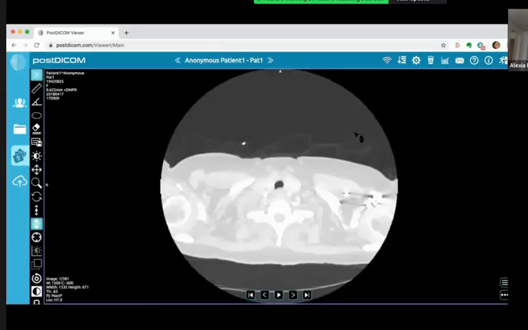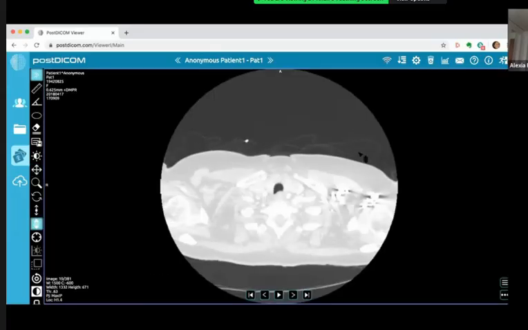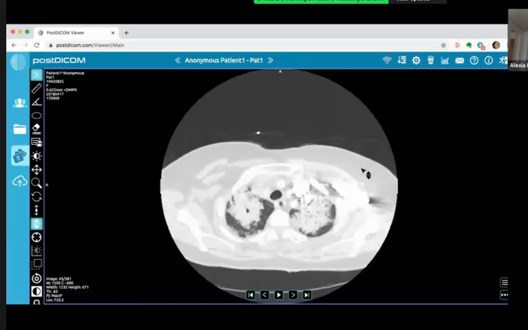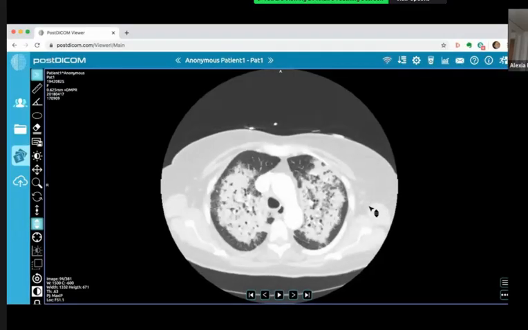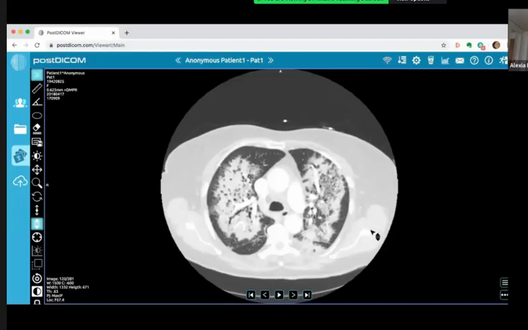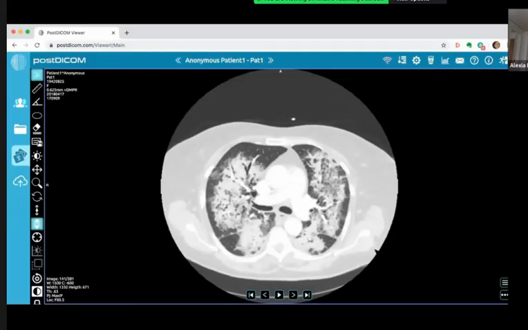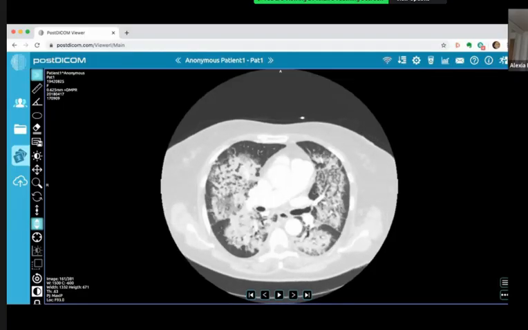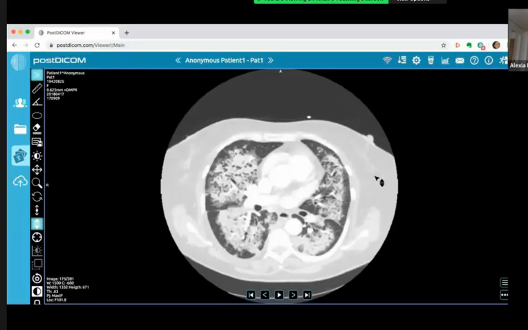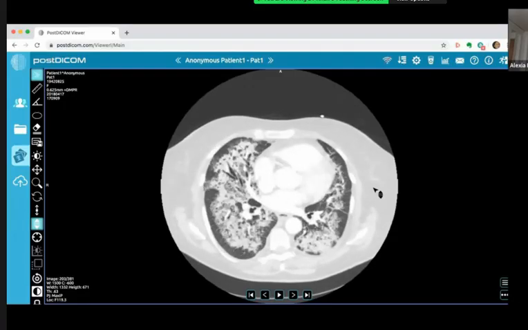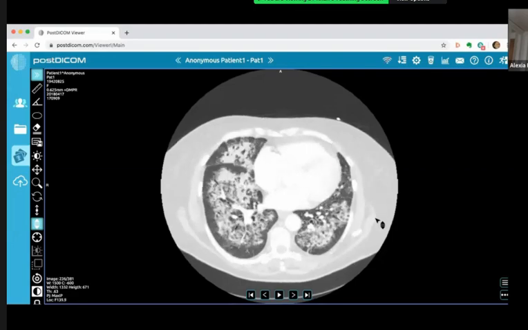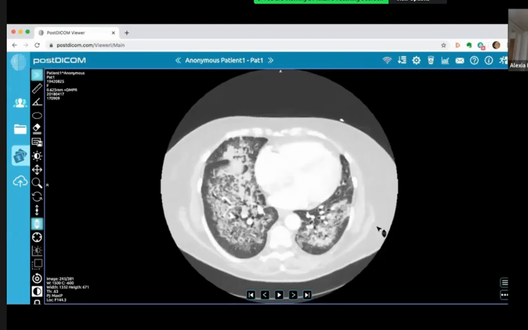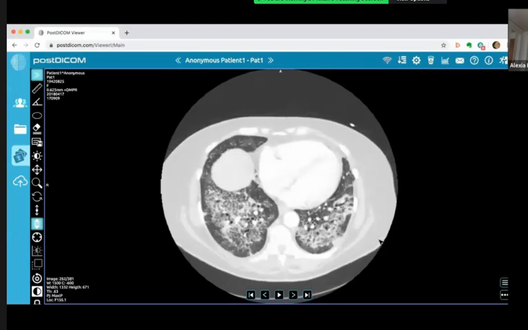So I'll have a scroll through, have a look, and look at the lung parenchyma and see whether this confirms or points to a particular diagnosis. Your differential was correct.